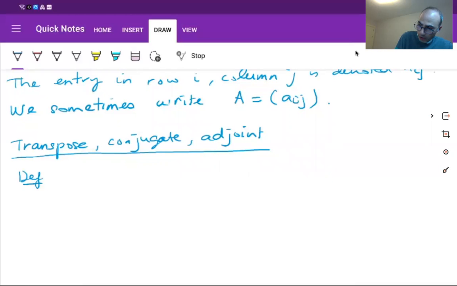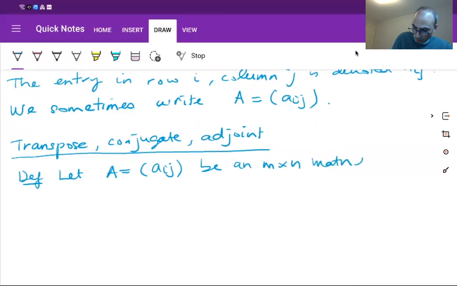So definition: let A be a matrix Aij, and for the conjugate and adjoint, those are defined for complex matrices. So let's assume that these are matrices of complex numbers.